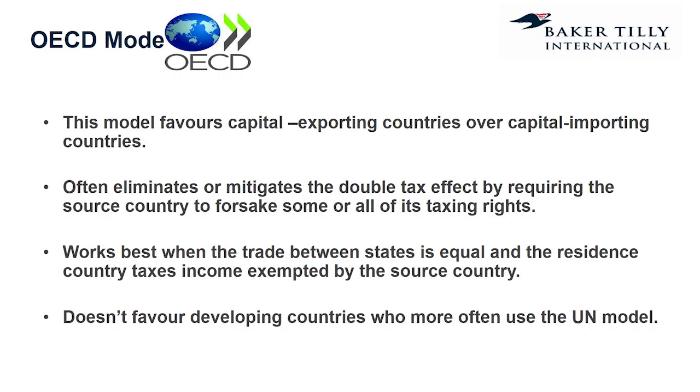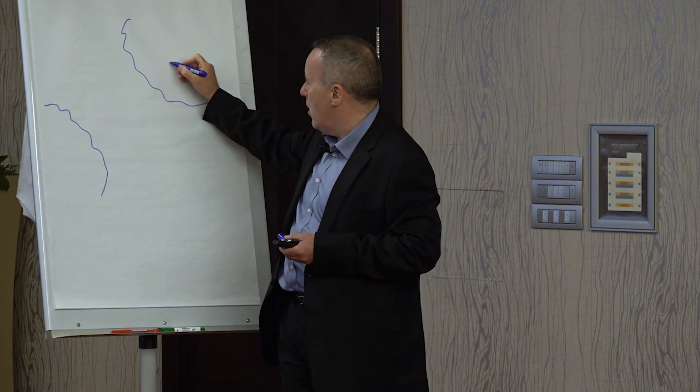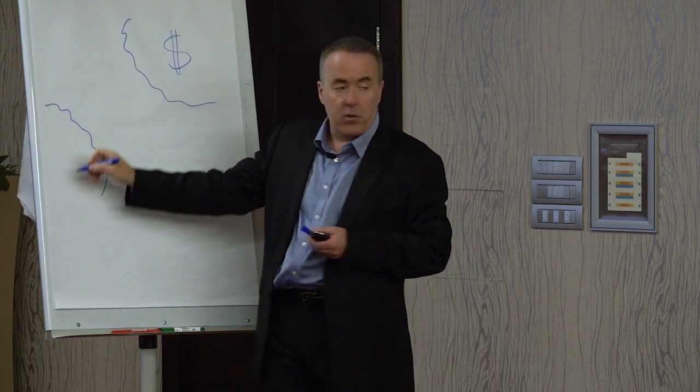You can think of the OECD model as really having in mind developed countries, if I'm honest. It's a bit of an overstatement. But the way I put it there is that it favours capital exporting countries over countries that import capital. And what I mean by that is we've got this country over here, and we've got this country over here, and this country's got lots of money that it wants to invest in there.